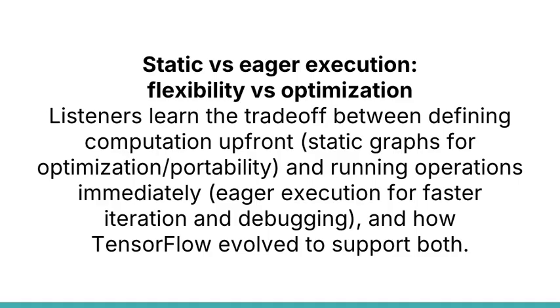This evolution keeps TensorFlow relevant even as competitors emerged. Speaking of competitors, frameworks like PyTorch came along with eager execution from the start, winning fans for their user-friendly design. But TensorFlow fought back with its own updates. Absolutely. TensorFlow 2.0 unified the static and eager worlds, giving developers the best of both approaches.